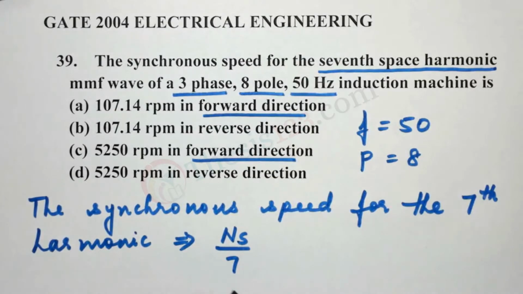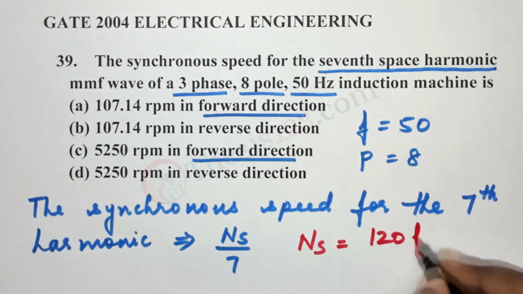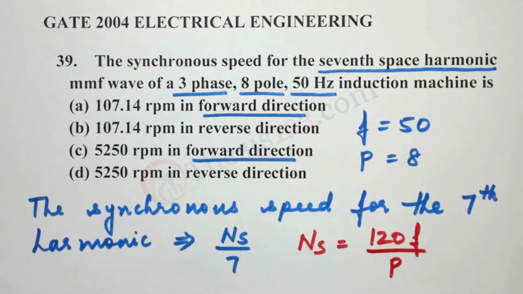Now, let's first find out what ns is. We know the formula for ns. The synchronous speed formula is 120 f by p. Now, we have the values of both frequency and poles.